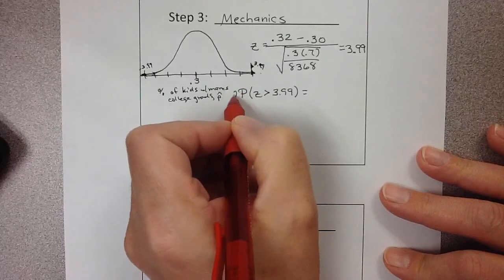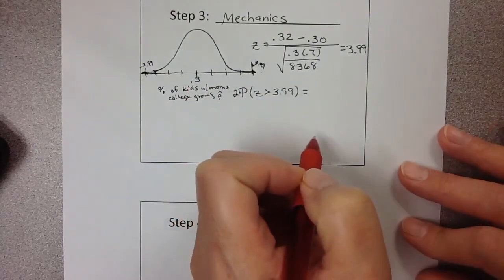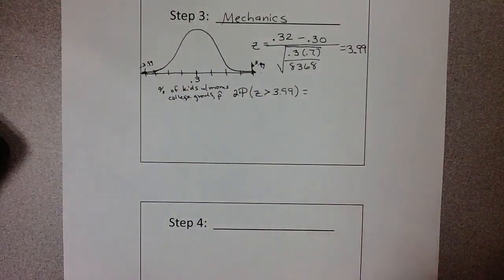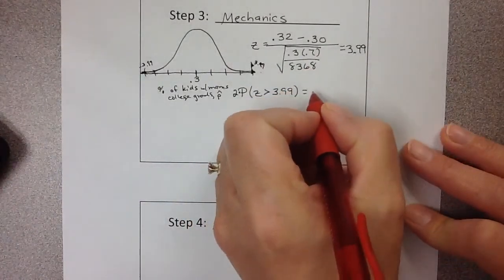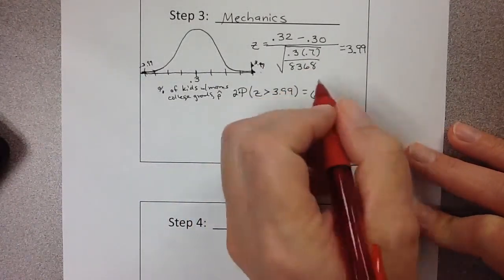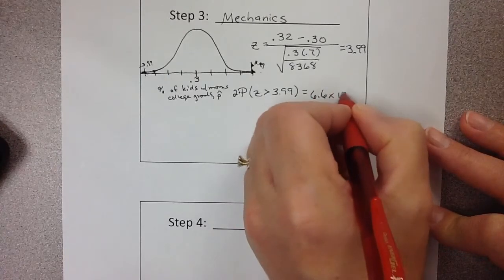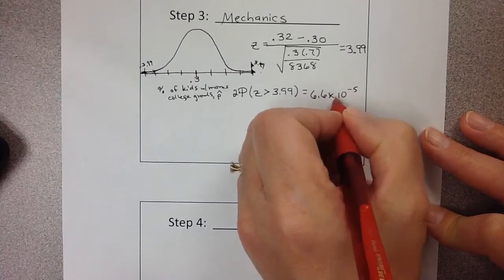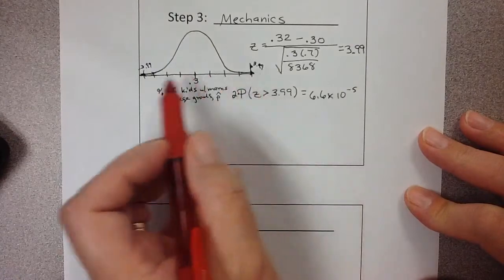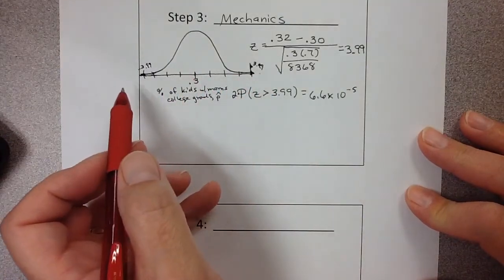So I'm going to multiply it by 2 from the beginning. So when I put it in the calculator and calculate my normal CDF, I want to make sure I double it before I write it down. And so that's going to give me something in the neighborhood of 6.6 times 10 to the negative fifth. Very close to 0, so very unusual to get anything in either of those two tails.